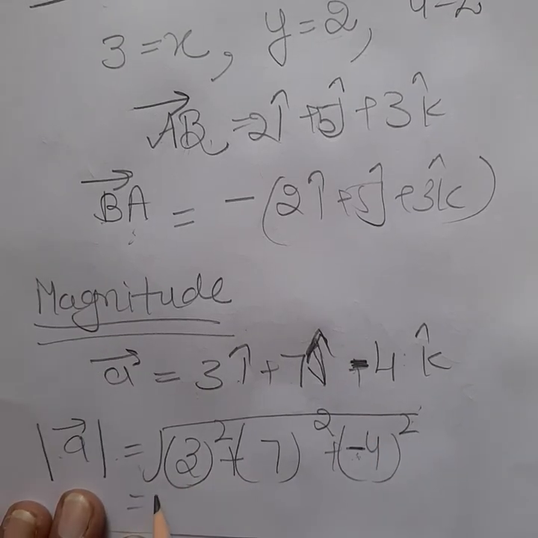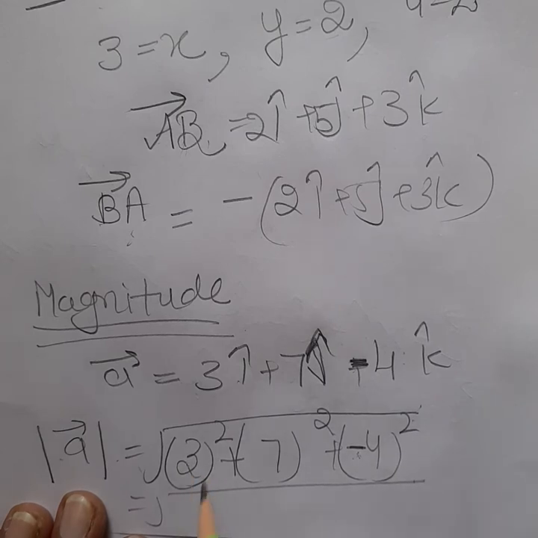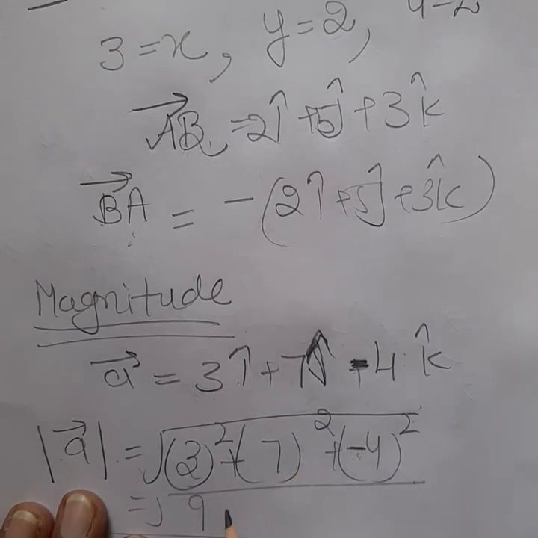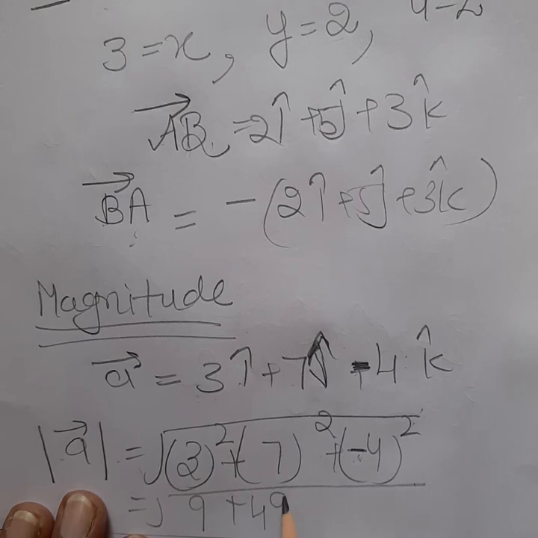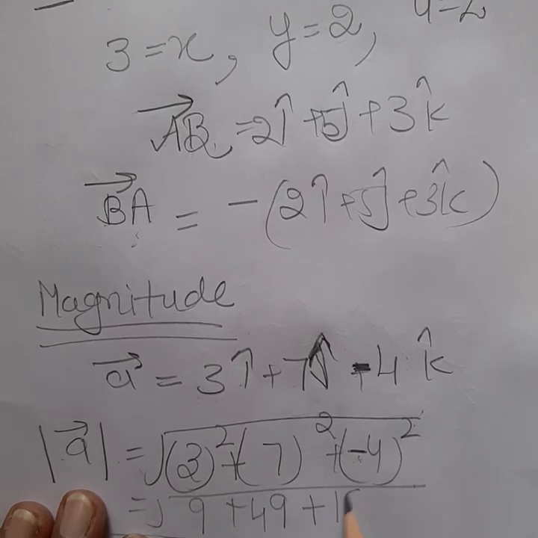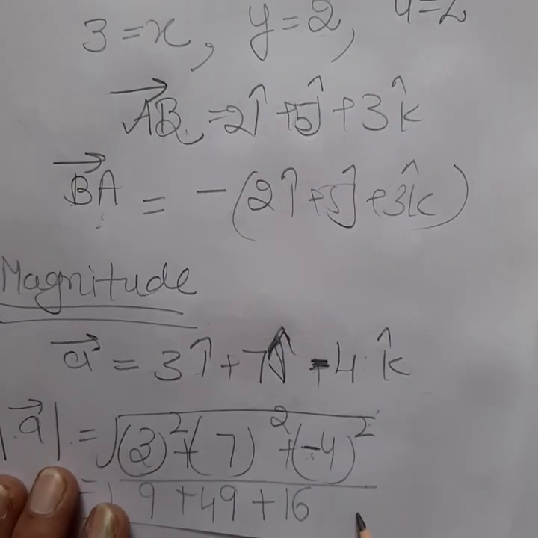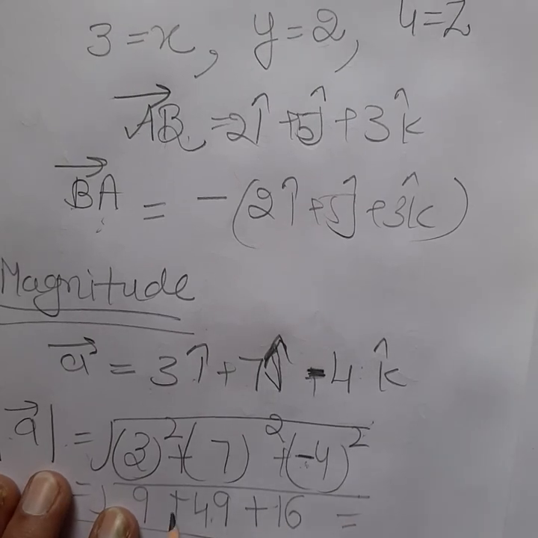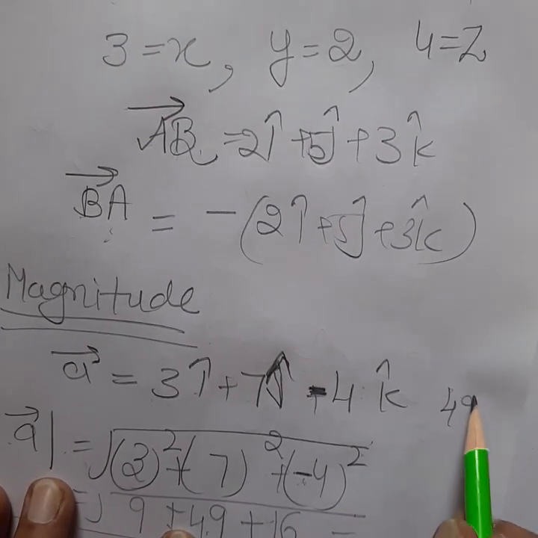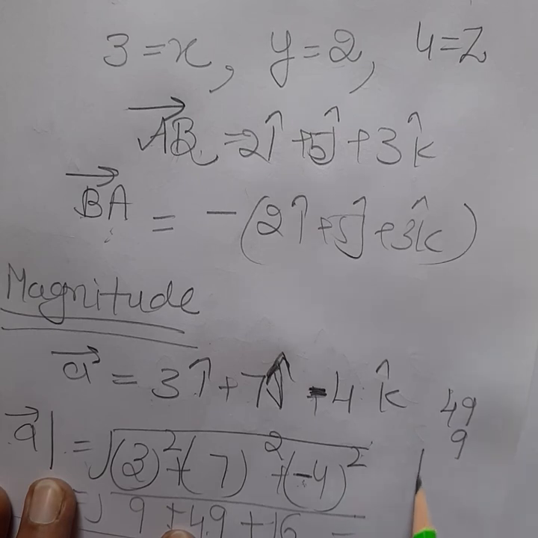Now after solving it we get 3 3s are 9, and 7 7s are 49, and 4 4s are 16. Now you add these quantities, 49 plus 9 and 16.